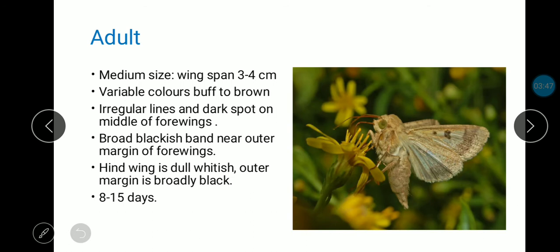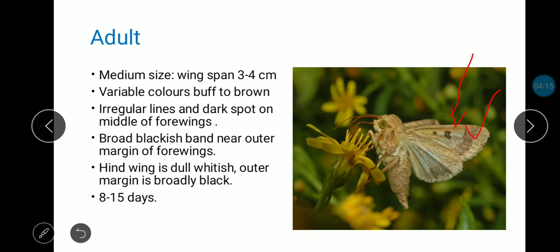The adults have a wingspan of 3 to 4 centimeters. Two wings are there. This is a forewing which has irregular lines and a dark spot in the middle of the forewing. At this location you can see the dark spot present on the forewing.